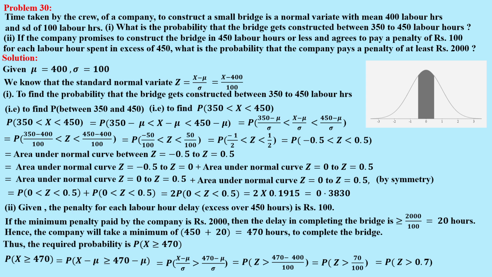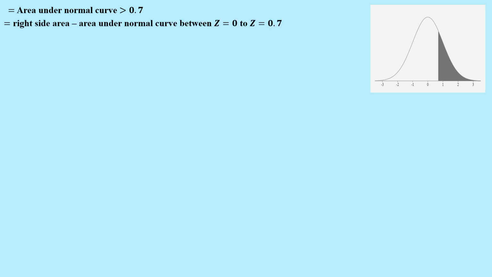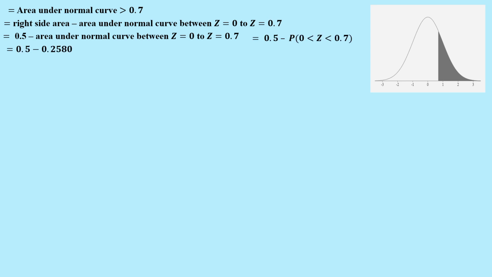So the area greater than 0.7 can be split into two: the total right side area minus the area between 0 to 0.7. So 0.5 minus probability of 0 less than z less than 0.7, that is 0.5 minus 0.2580. The probability is 0.2420.